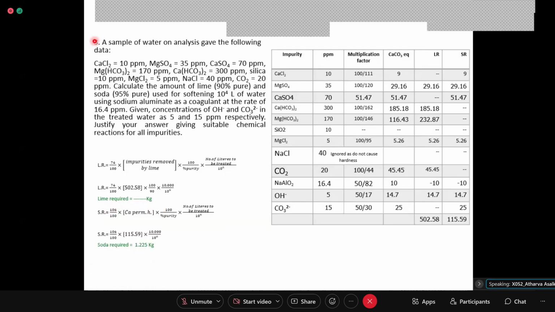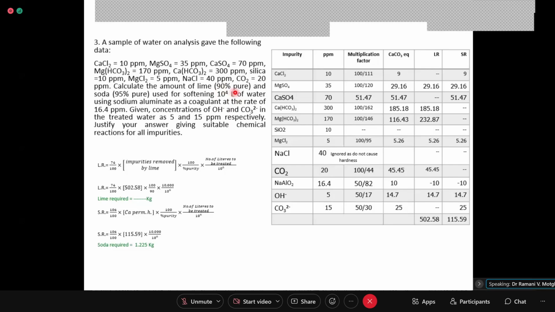So first of all, when you start writing, I told you, you write in your notebook these impurities like this. Now they are saying that this much quantity of water was treated, these are the impurities present in milligrams per liter, and the total quantity of water which was softened by lime soda process was 10 to the power 4.